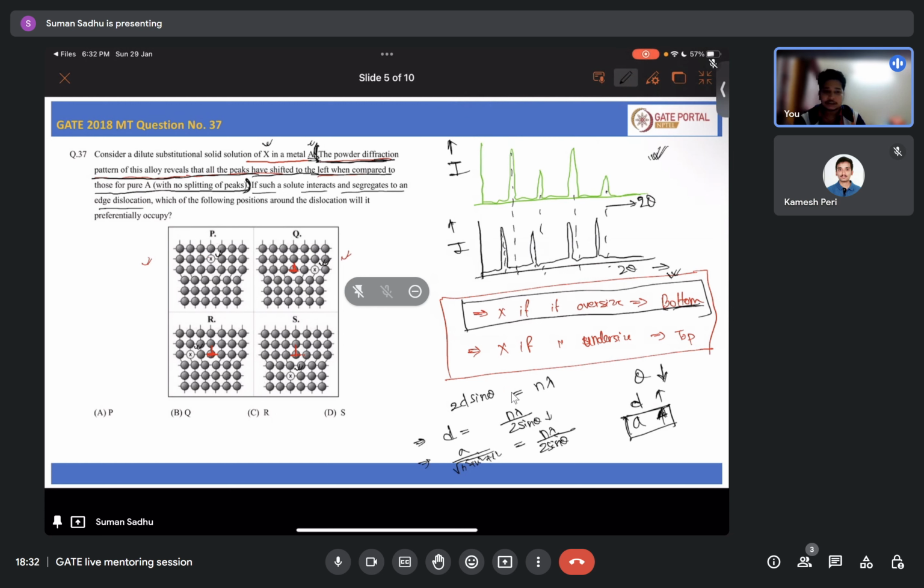So what will be the correct answer? Yes, exactly, this location will be the preferential location for the X atom. So the correct answer will be option D.